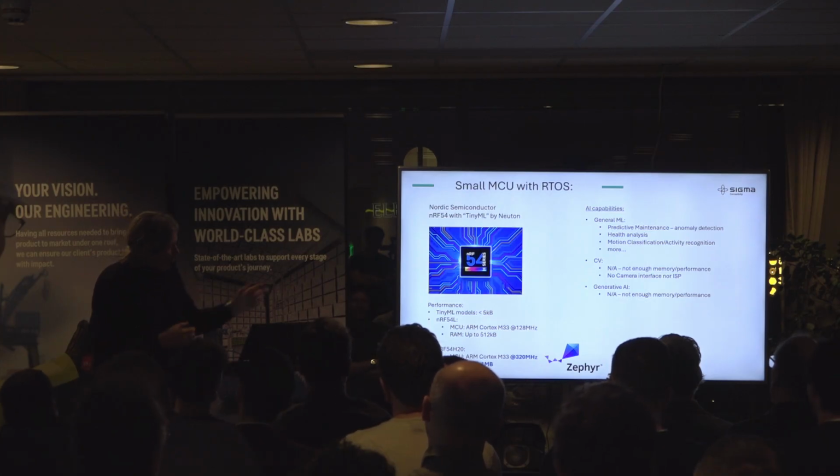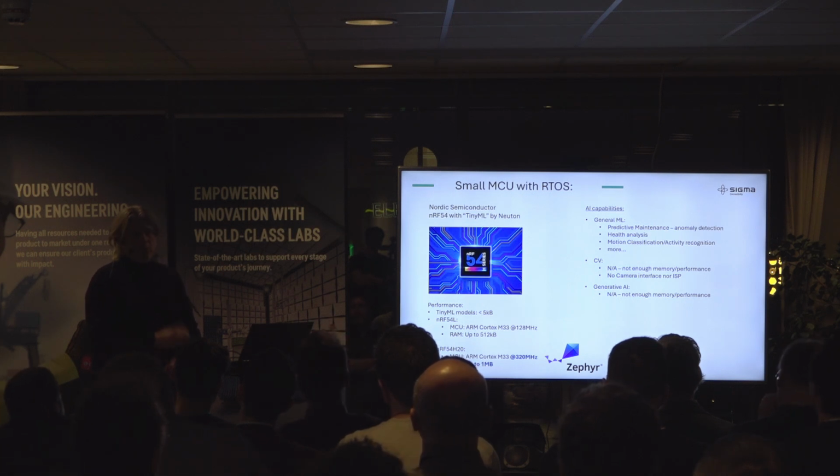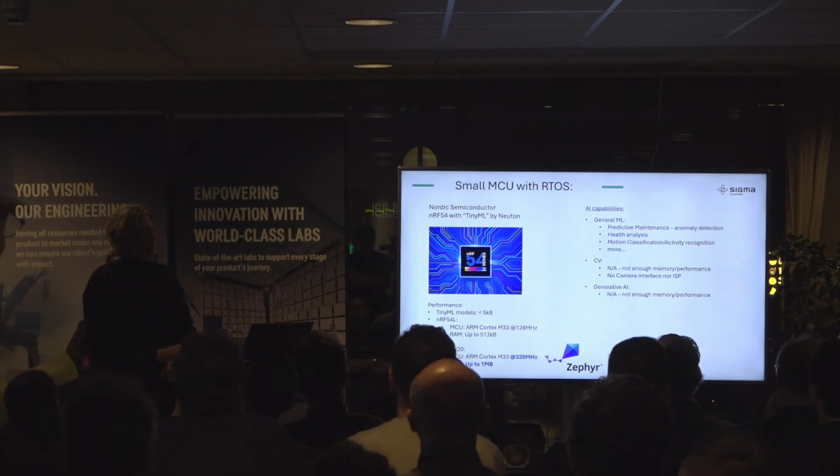So this could be a small M33 core running, as in this example, at a 128 megahertz clock, but there are many MCUs running on way lower clocks than this. And they come with embedded memory of maybe 64 kilobytes or 128 kilobytes, or in Nordic's case, even up to 1 megabyte of RAM, which enables larger models.